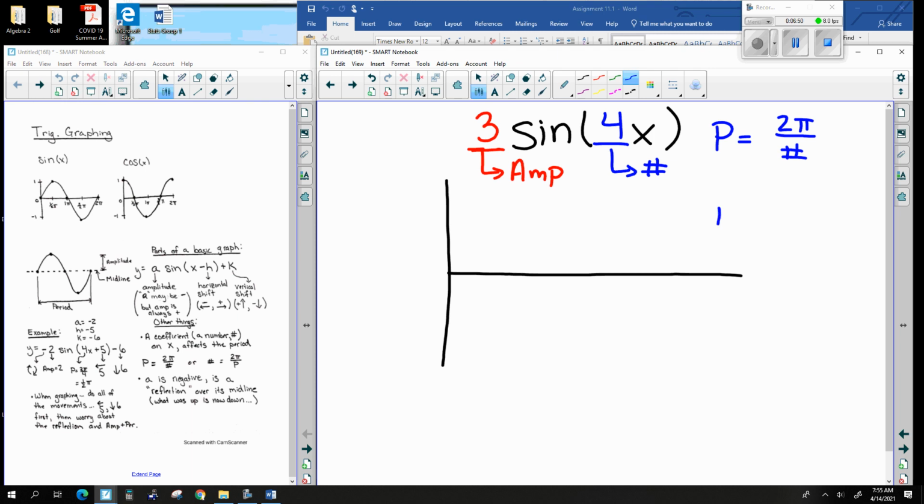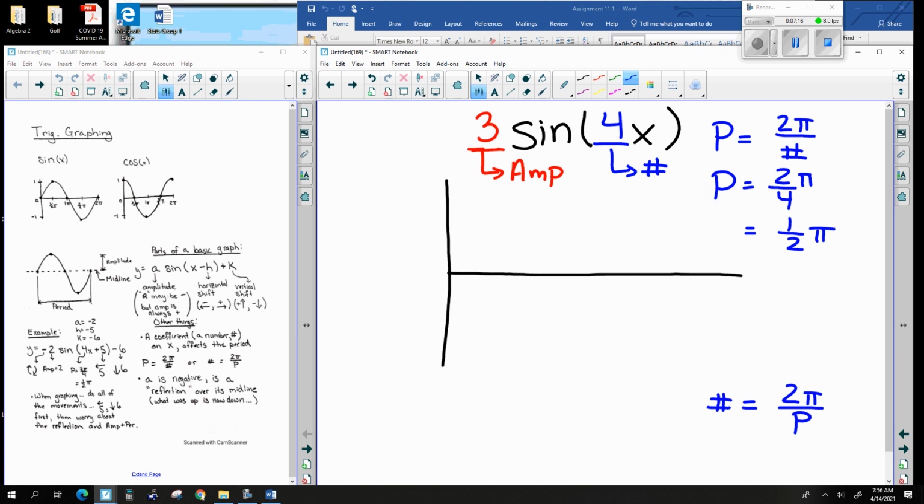Or vice versa: if you need that number and you're given the period, it'd be 2 pi divided by the period. Here we need to know the period, so this is going to be 2 pi divided by 4. So the period in this situation is going to be 1/2 pi.